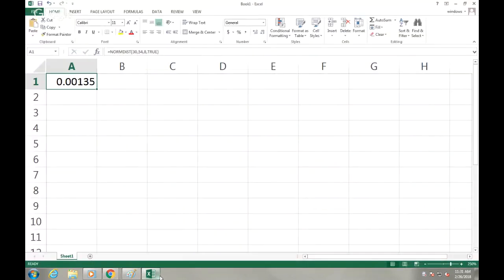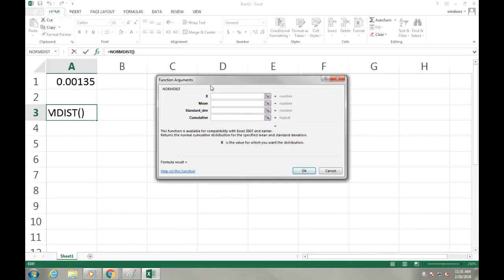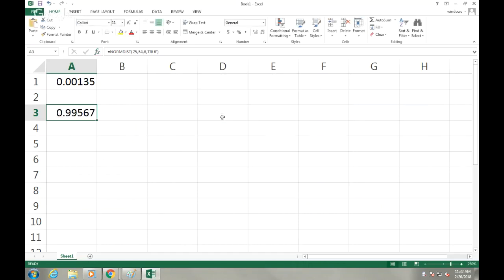In Excel, what we would do is go to the function key. Norm dist is still there, so that's what I want. My X now is 75. My mean is 54. Standard deviation is still 8. My cumulative is still true. But now here's the slight problem. It's giving me this number. Why is it such a huge difference from what I actually calculated in StatCrunch?